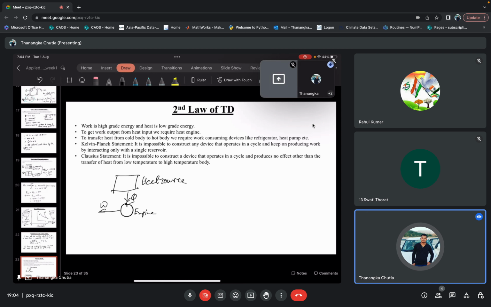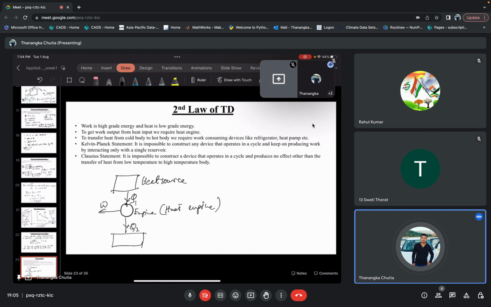This is basically what we call a heat engine. So in order to convert heat into work, you require some machine, and that is called a heat engine. Later on you will come to know that this is also not possible by itself. You will require some sink in order to release some amount of energy to it.